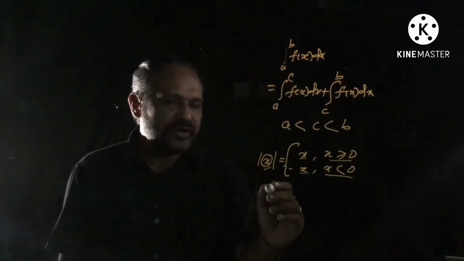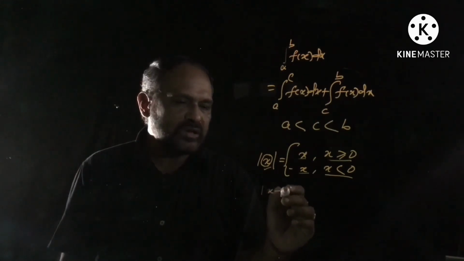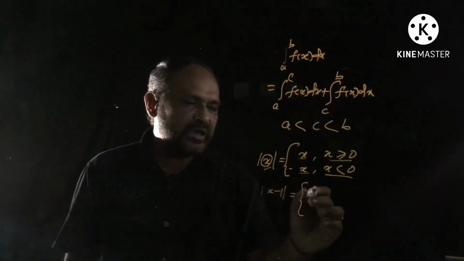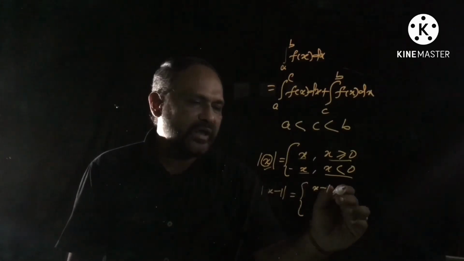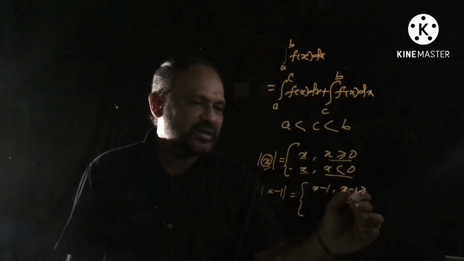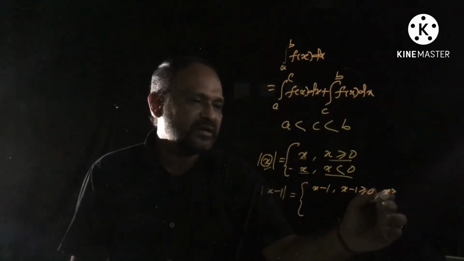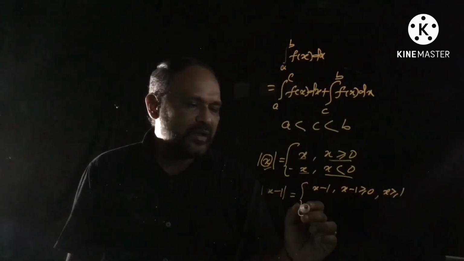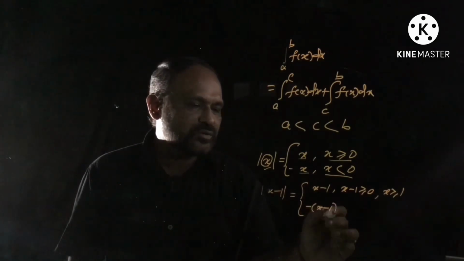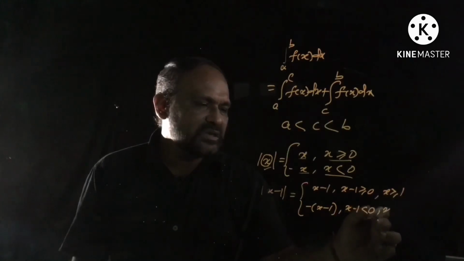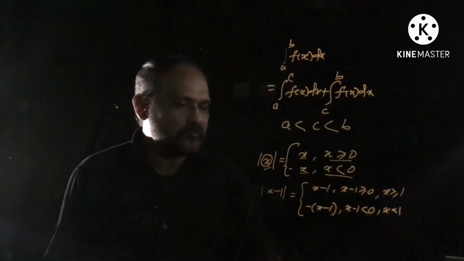Similarly, if we take modulus of x minus 1, then this is equal to x minus 1 when x minus 1 is greater than or equal to 0, that is, x greater than or equal to 1, and minus of x minus 1 when x minus 1 is less than 0, that is, x less than 1.